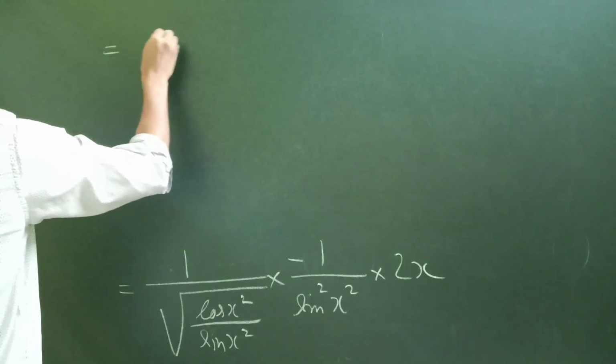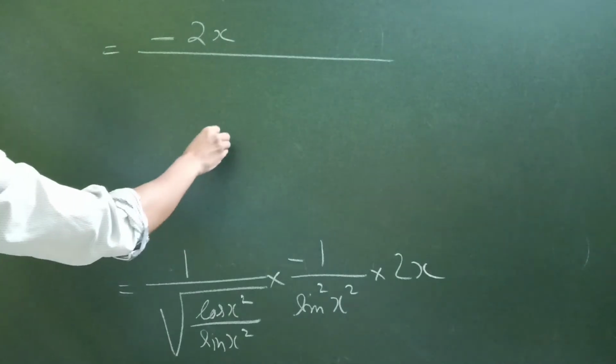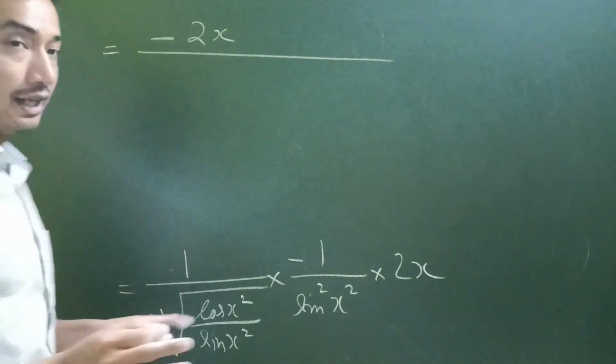So minus 2x all divided by, I'm just arranging.